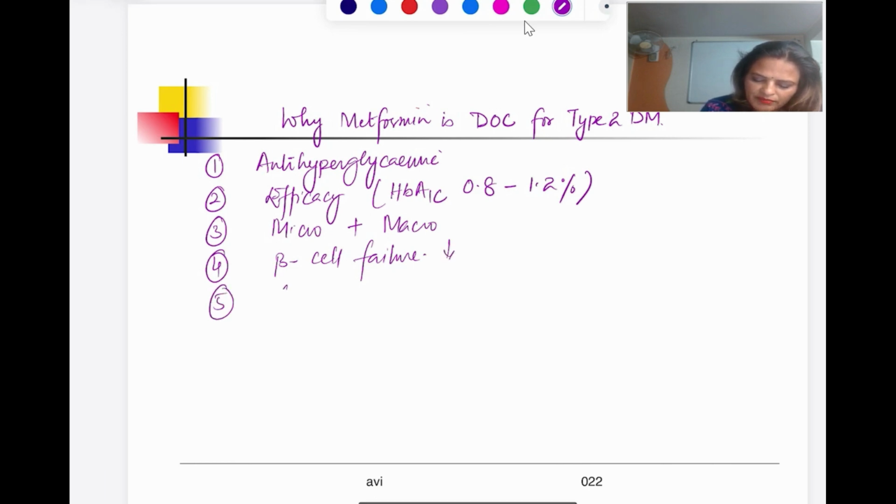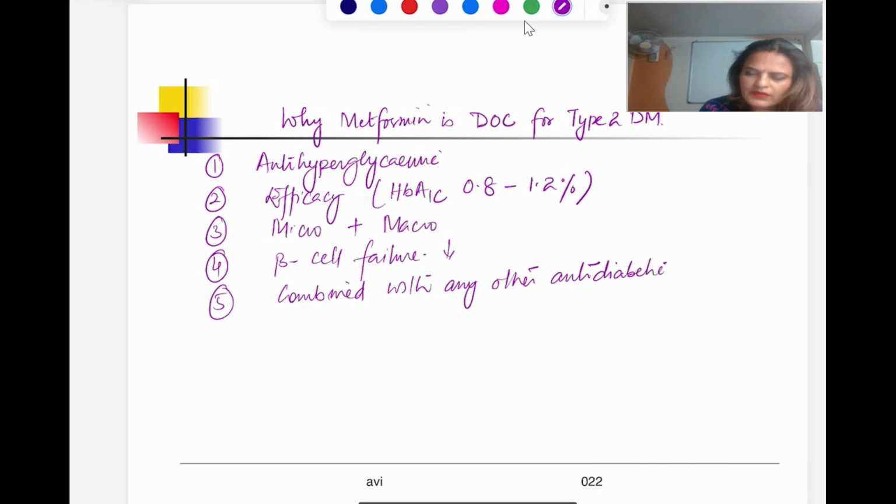It can be combined with any other anti-diabetic drug. So you can combine it with any other drug. So that's why the metformin, it is a drug of choice for type 2. At least try to remember all this.